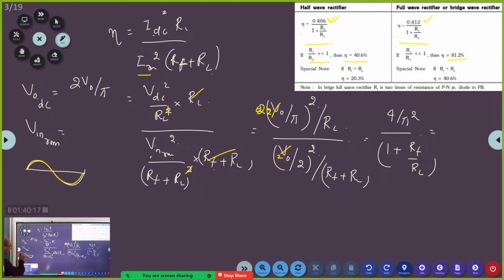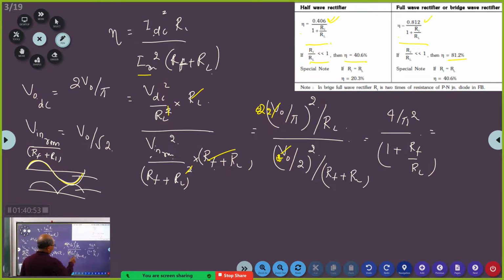So the current will be V in RMS divided by RF plus RL. Whether you take the waveform like this or like this, the RMS value is the same. So this becomes V naught by root 2.